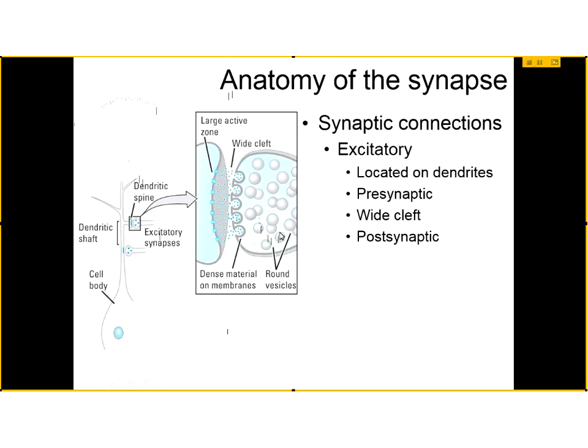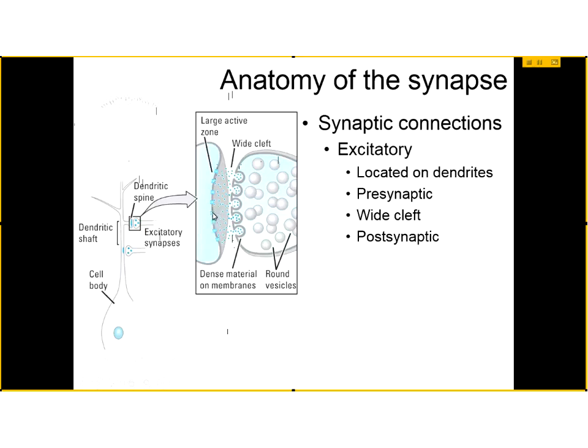We also see presynaptically there are a lot of round vesicles, and there's a dense material at the presynaptic membrane. So you see a lot of content is being released. You have these round vesicles, and there's a very dense amount of material on the presynaptic membrane.